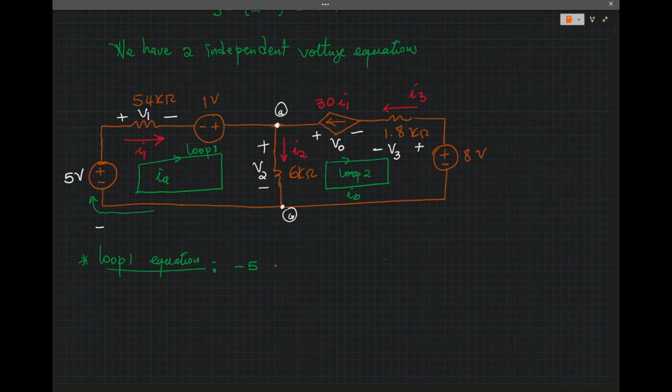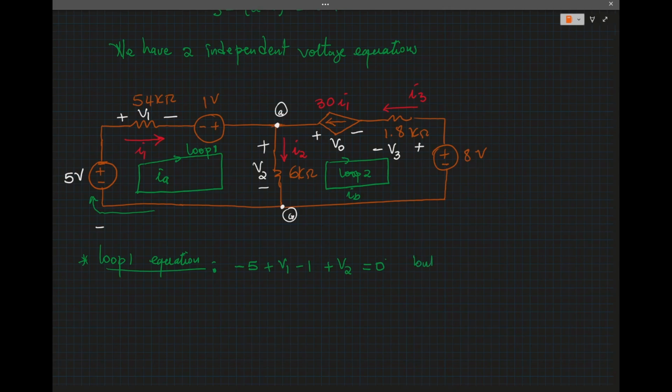The negative polarity of the 5 volt voltage source, so -5. Now plus V1 minus 1 plus V2, that is equal to 0. Okay, that's the loop equation 1.